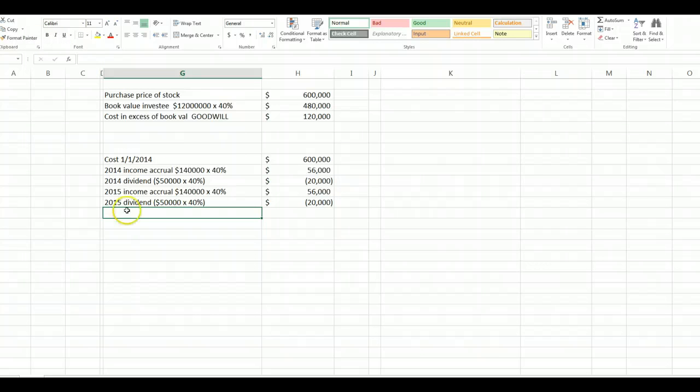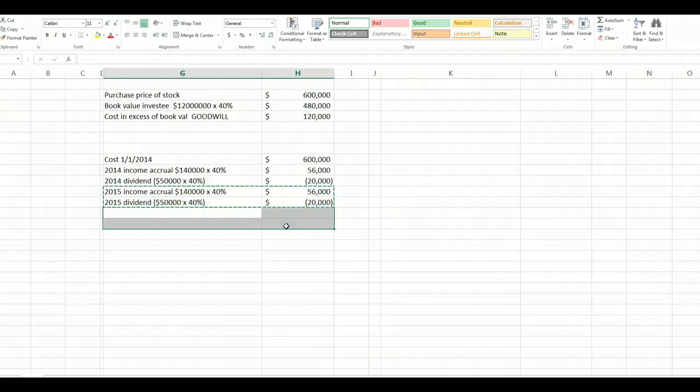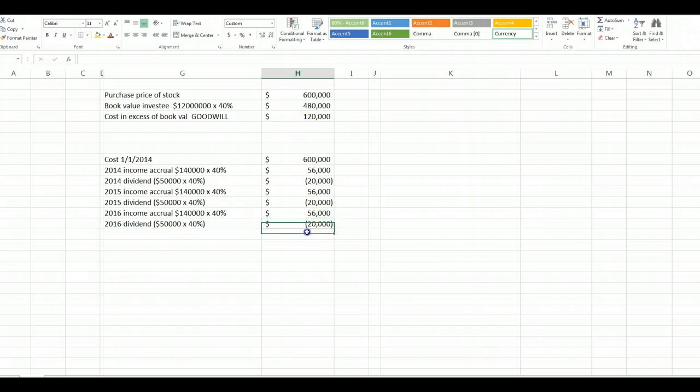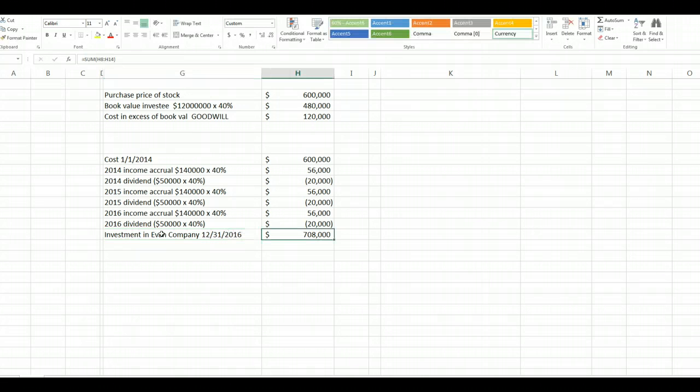And we have to do the same in 2016. Same income all years. So in 2016, is there anything else we're missing? So at the end of 2016, our investment in Evan Company as of 12/31/2016 is at 708.